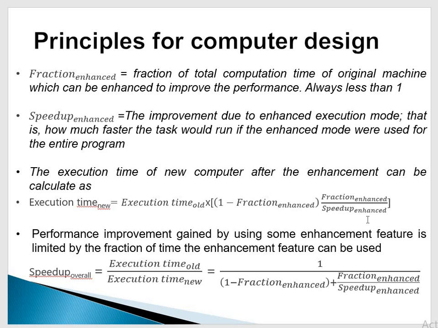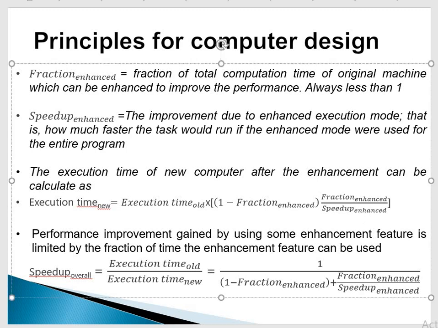This new time will depend upon the fraction we are going to enhance as well. Once we enhance a portion of the machine, we know the speed up of that enhanced portion, and then the new execution time.